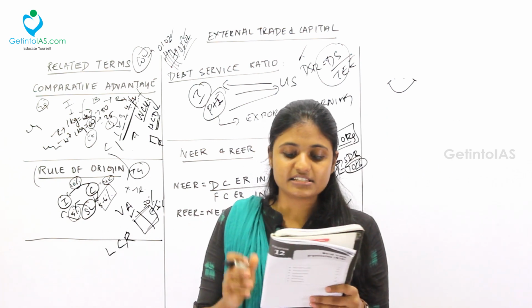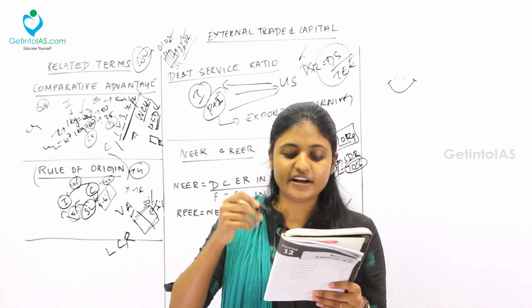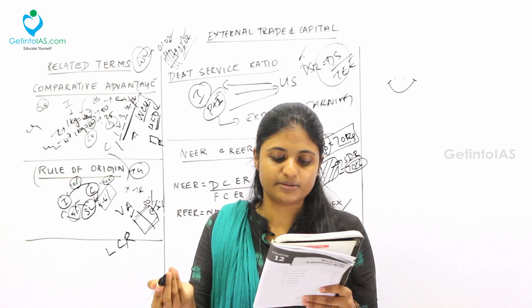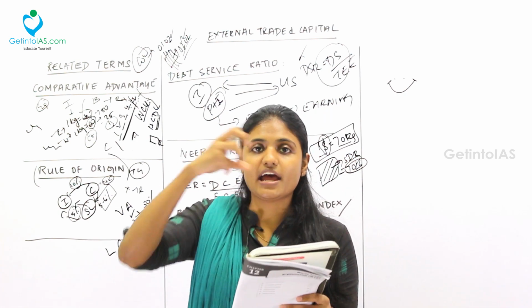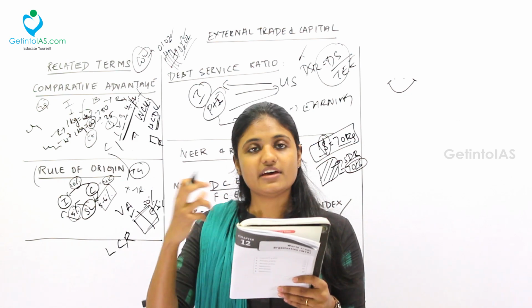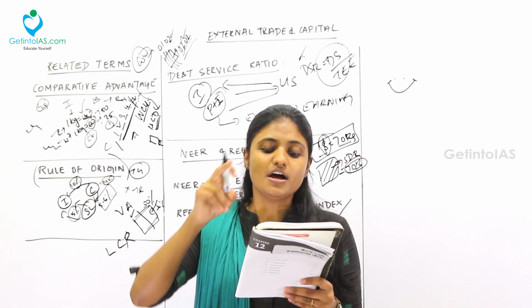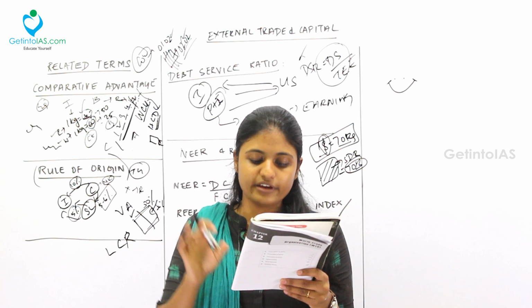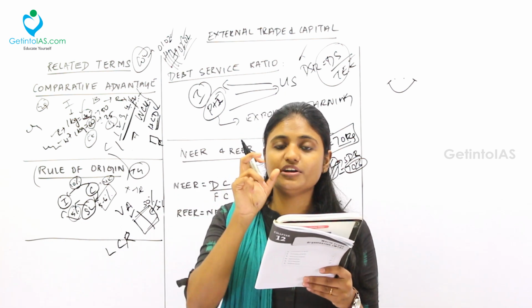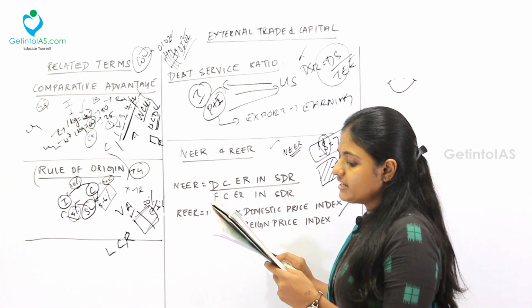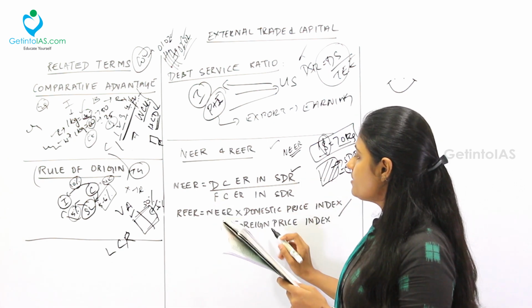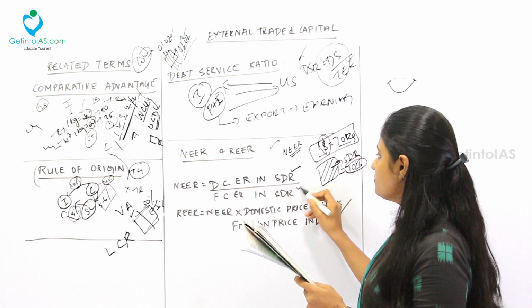Now, the REER is arrived from NEER, the way real GDP is arrived from nominal GDP after correcting it for price change. See, they are telling REER is arrived from NEER. That is, the real effective exchange rate is arrived from the nominal effective exchange rate. Fine. See, the formula for NEER is domestic currency exchange rate in terms of SDR divided by foreign currency exchange rate in terms of SDR.